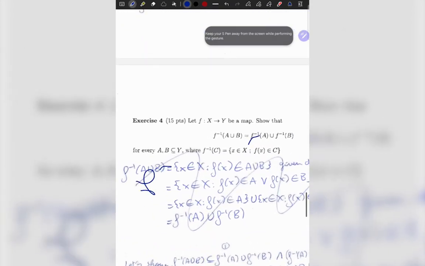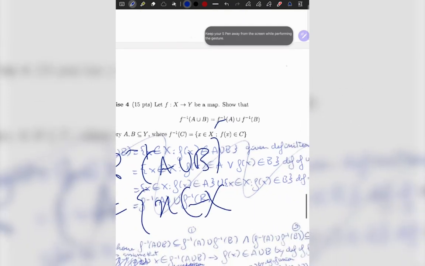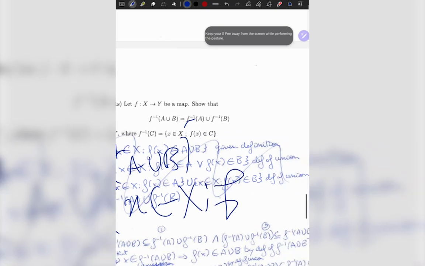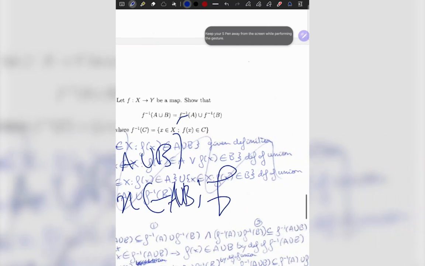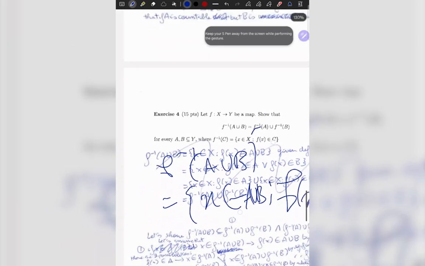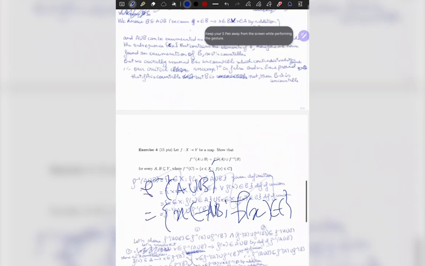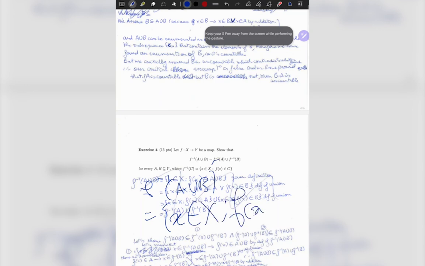All you have to say is f inverse of A union B is equal to the set of x belonging to X such that f of x belongs to A union B. What is this trying to say?